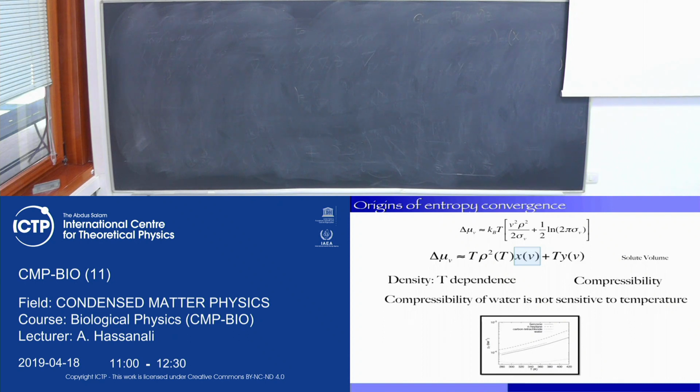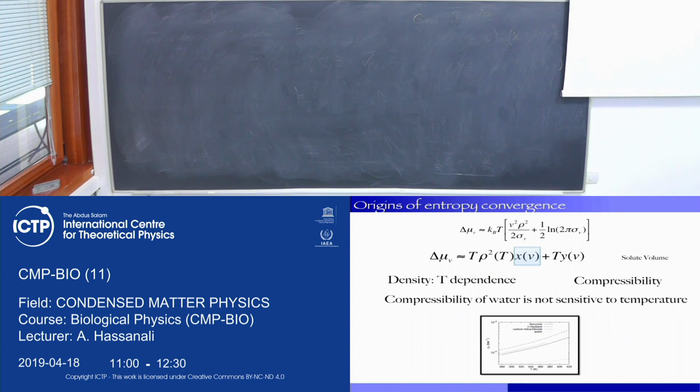Intuitively, one would say that as I increase temperature, the compressibility must increase, right? But water is weird. Water has this anomaly, which is that it has a minimum in the compressibility at 320 Kelvin.